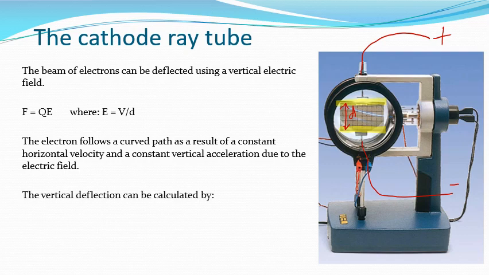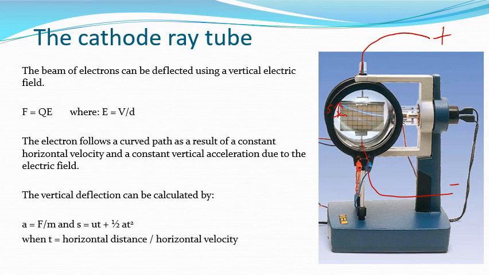We can work out the deflection from the middle point of that there. So if we rub that out and say, well, what would be the deflection from there to there, s? We could do that using an equation of motion. So we need to work out what the acceleration is due to the electric field, and then use the equation of motion and the time to work out what the displacement is.